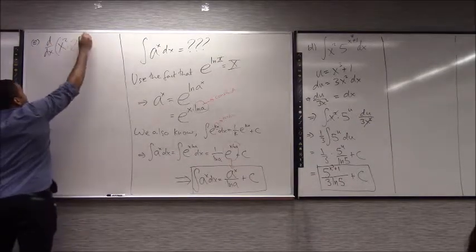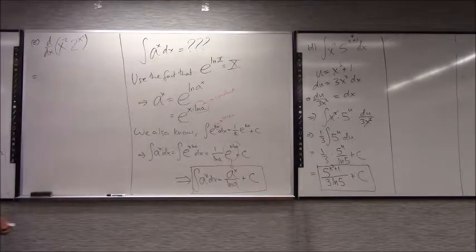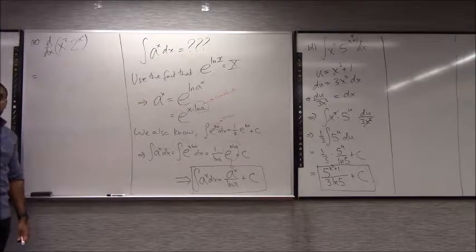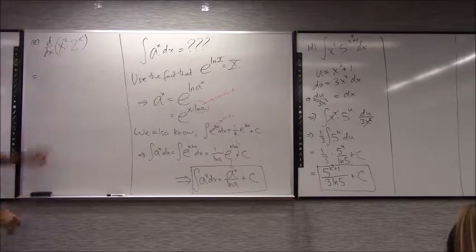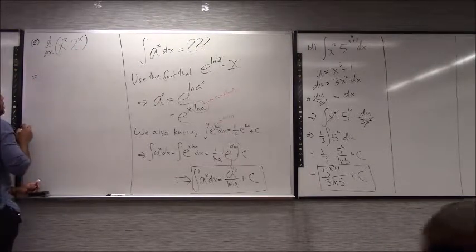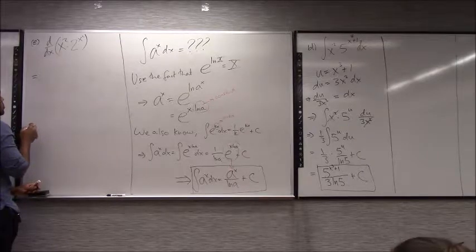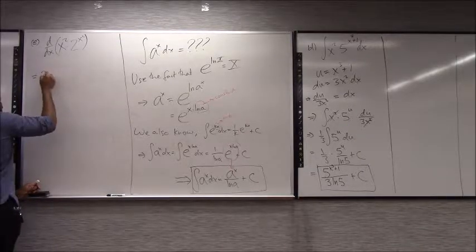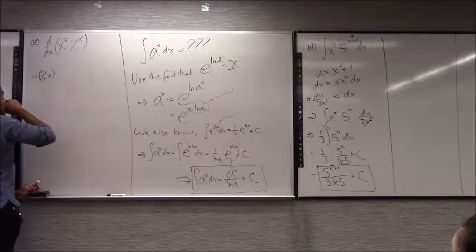How would you do something like this? Differentiate. Product rule? Product rule, we have this times that. So what would that mean? 2x, differentiate the first one, keep the second one the same.